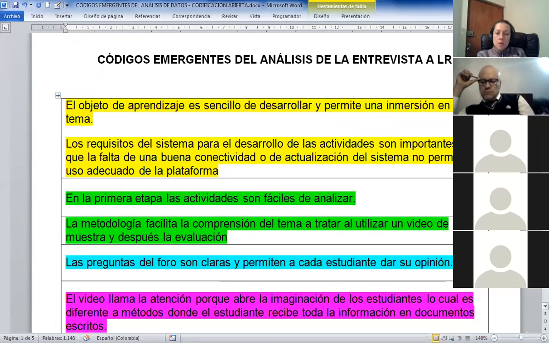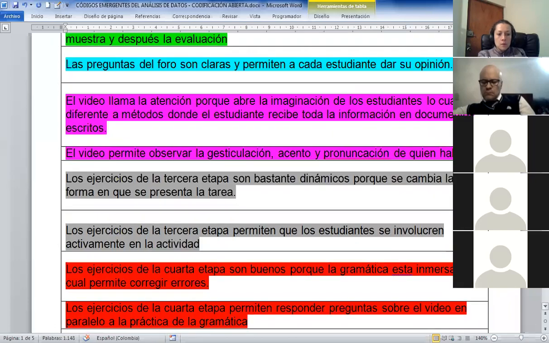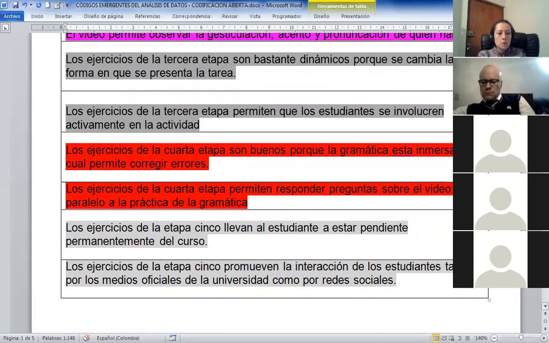I am checking the other two, so you will have the complete list. So the task is what you just saw I did, with information about videos, information about forums, information about activities, and any other code that you find that is similar among the students.